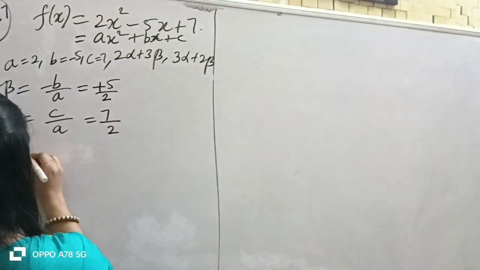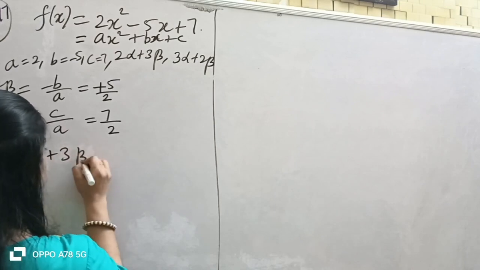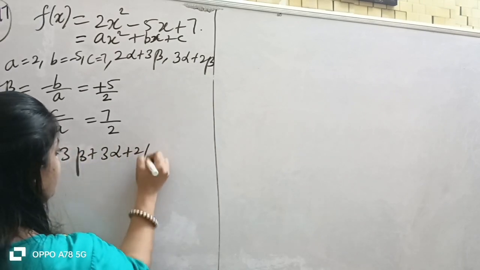Sum this up: 2 alpha plus 3 beta plus 3 alpha plus 2 beta.